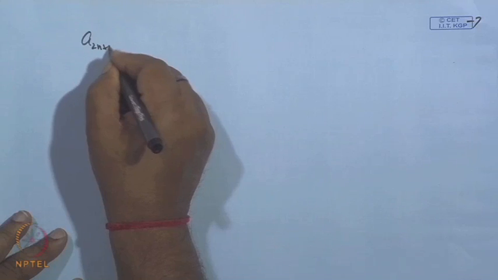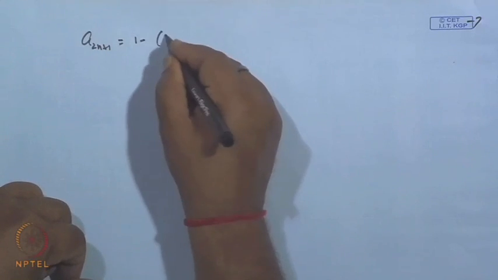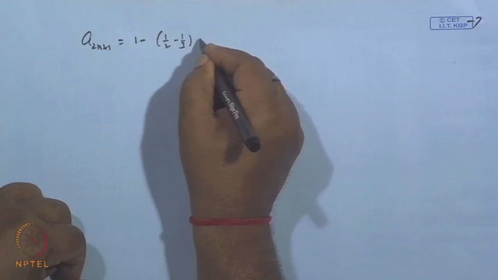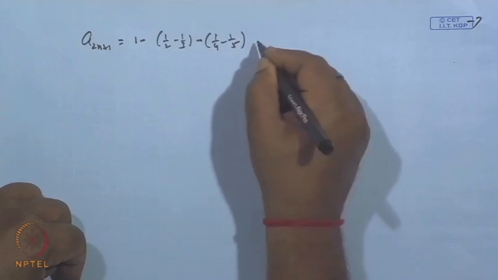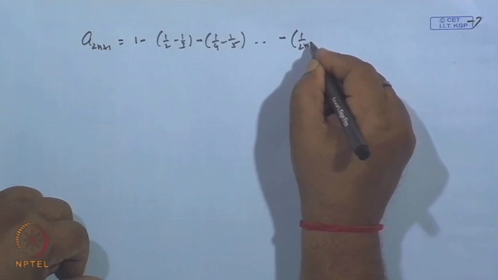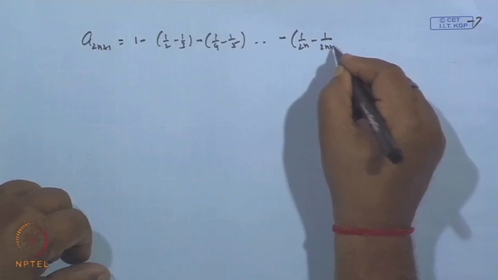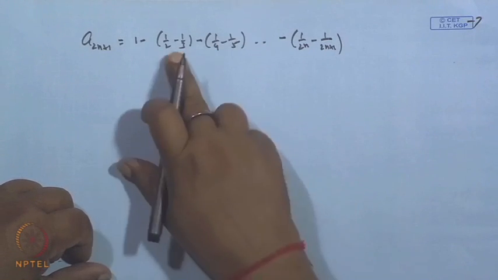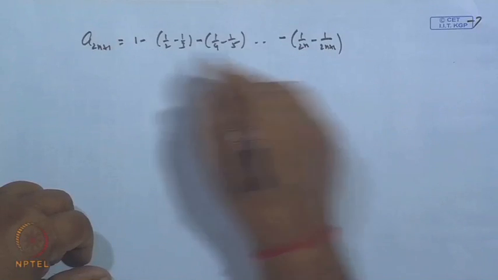Now, take the odd terms. If you go for the odd terms a_2n+1, then what do we get from here? 1 minus 1/2 minus 1/3 minus 1/4 minus 1/5 and so on, and then we get minus something like 1/2n, and the last term is 2n plus 1, odd terms. Now, again these are positive quantities, so it will be less than 1.